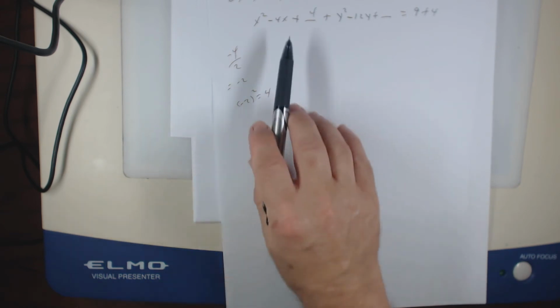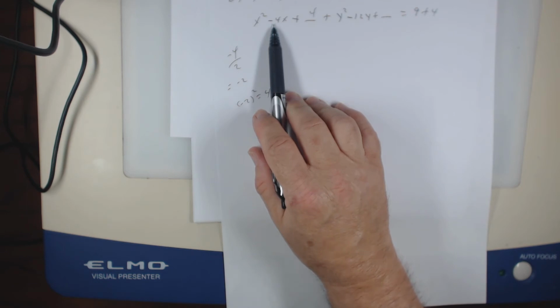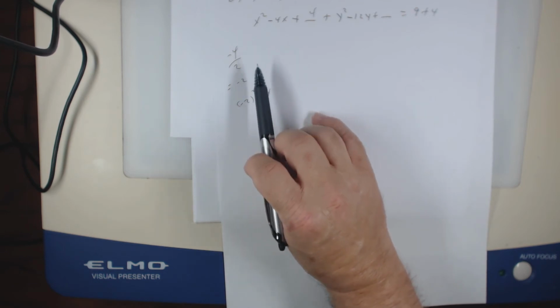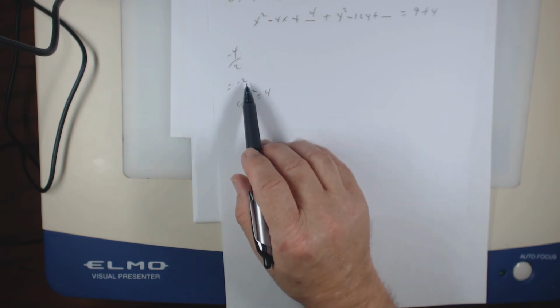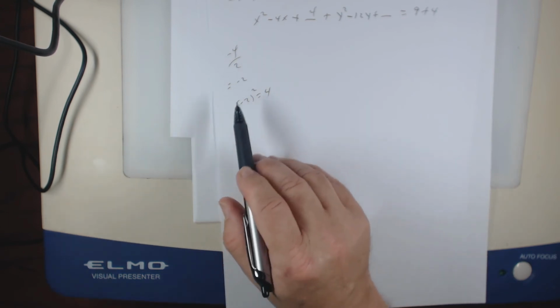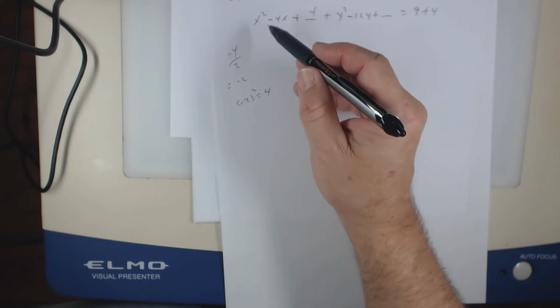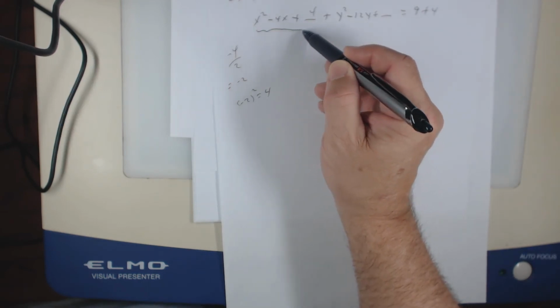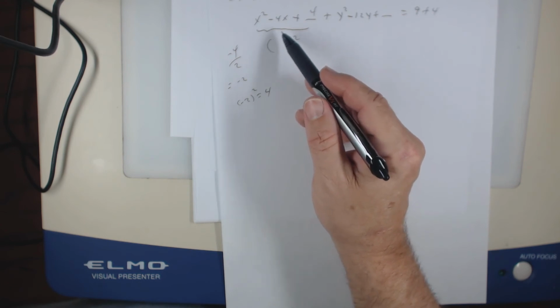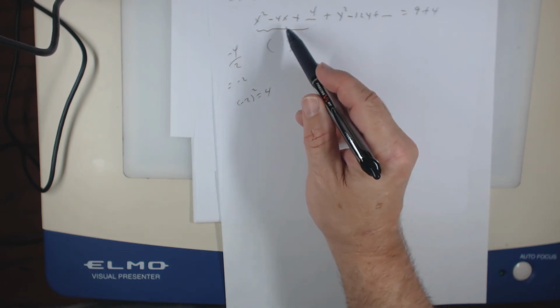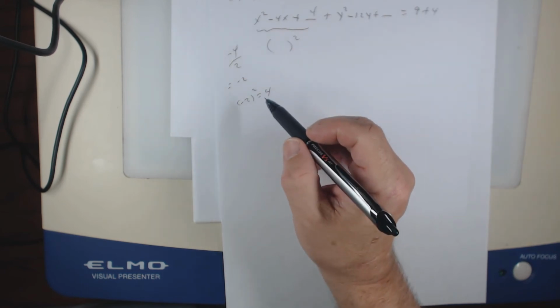So remember, you take the coefficient of x, which is negative 4. Now the negative is going to be important if you do what I'm about to do. And then you divide, you get negative 2, then you square it, you get 4. And here's why it's going to be important. Remember, the next step here would be to factor it. And then some of you still have a little issue with factoring this. You shouldn't, because these are easy to factor right here, because the coefficient of x squared is 1.